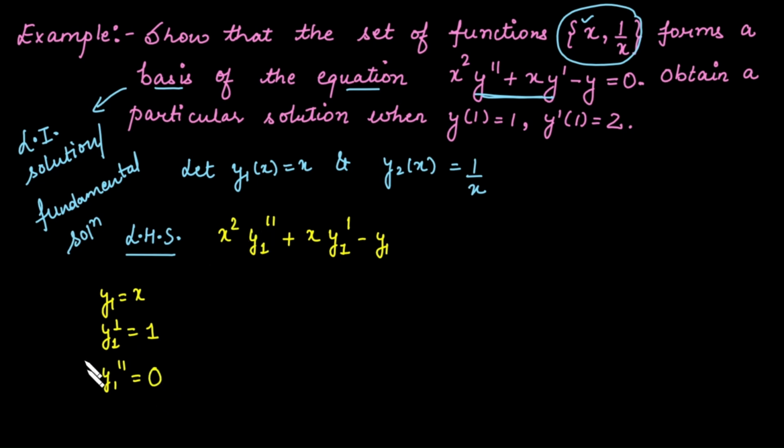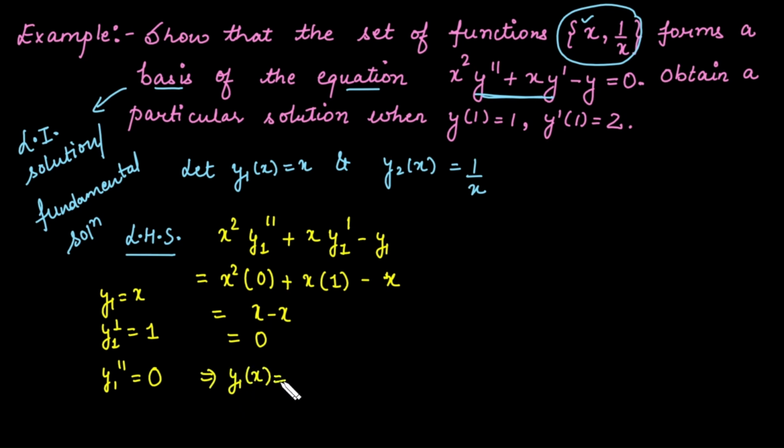Now substitute these values over here. You will get x square into 0 plus x into 1 minus the value of y1, which is x. Simplify this, you will get x minus x, that is equal to 0. Since it satisfies this differential equation, it means yes, y1(x) is equal to x is one of its solutions.